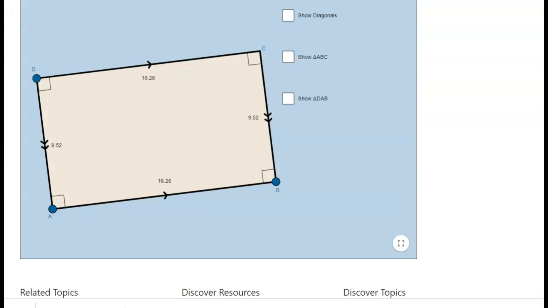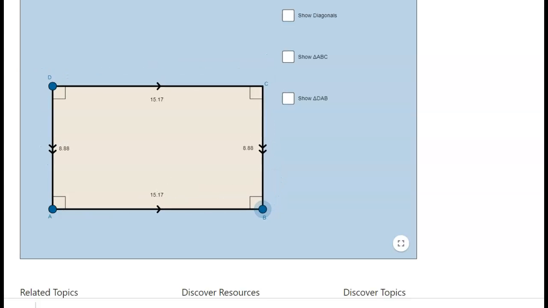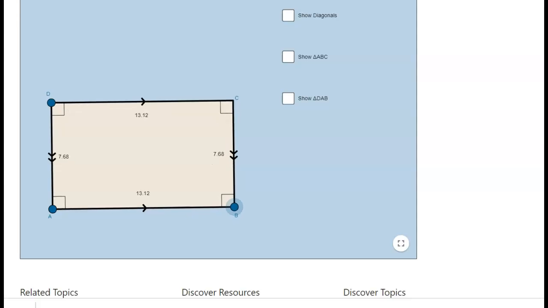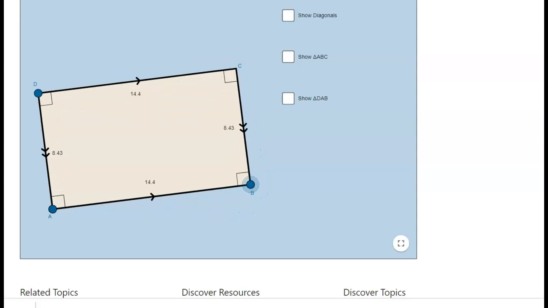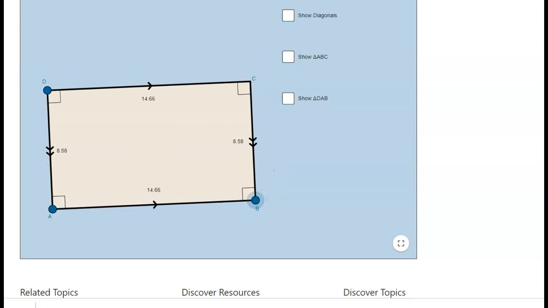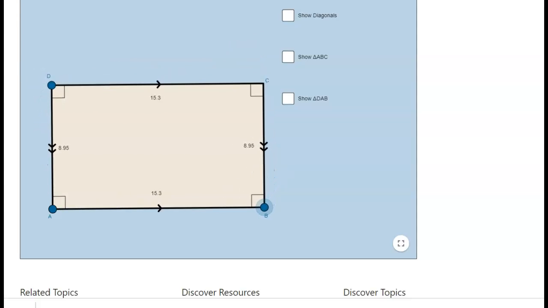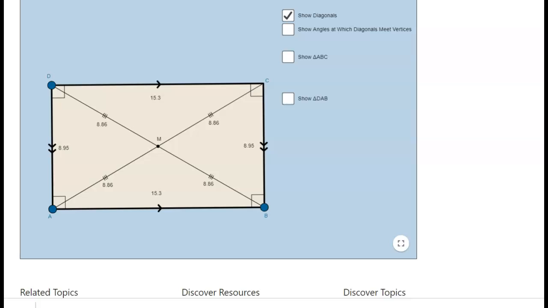So let's take a look at a rectangle. On the screen you will see a rectangle, and if I were to drag the point, you will notice that there are always 4 right angles. So in a rectangle, one of the properties is there are 4 right angles. The second property is related to diagonals. If I draw in the diagonals here, what do you notice?